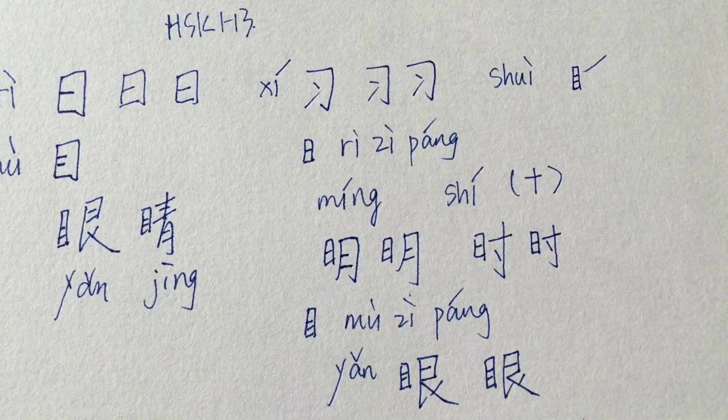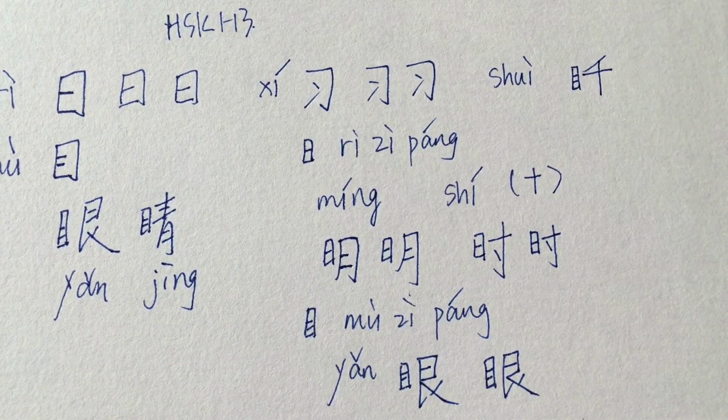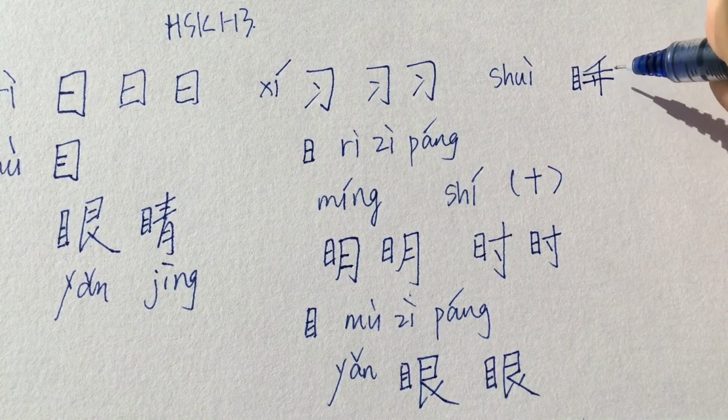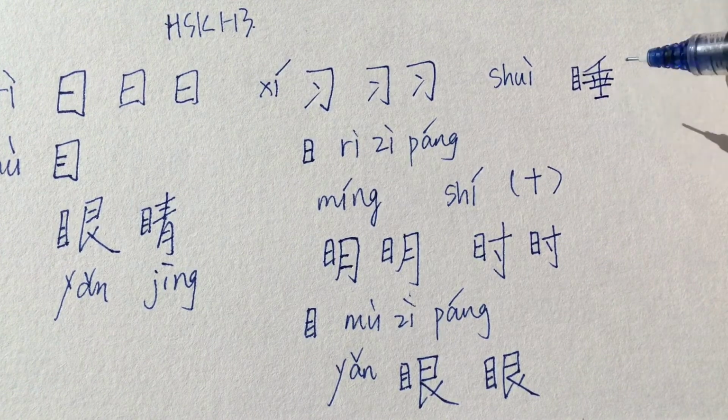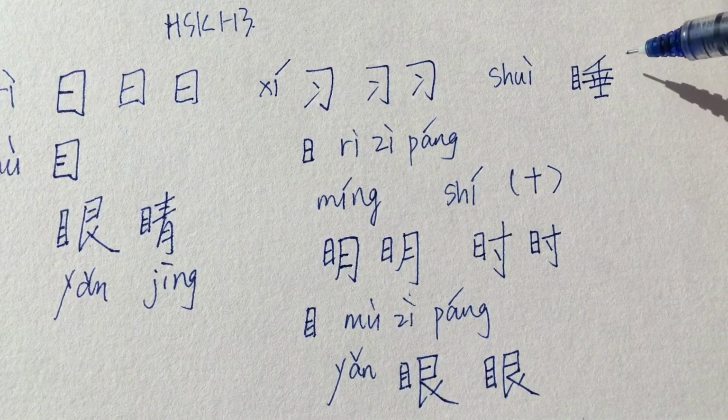Okay, so next word 横, and then we have going down, and then we have one word here. So this one's actually a little bit complicated, but I'm sure that you will manage. So let's write it one more time.